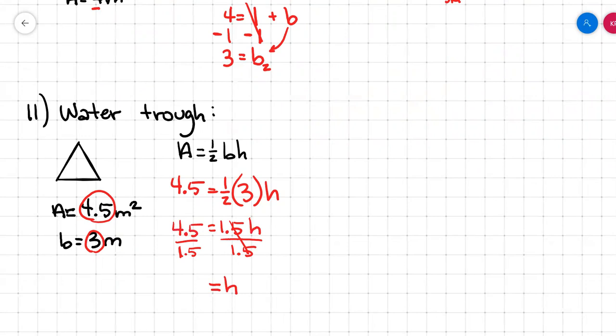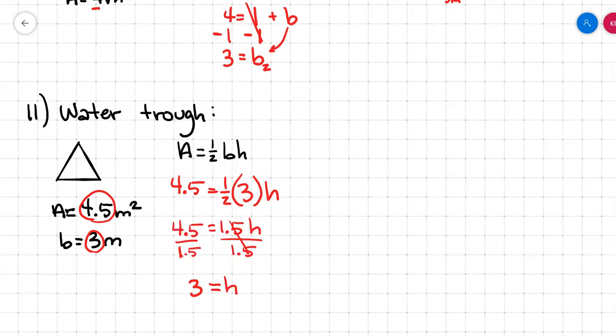And 4.5 divided by 1.5 is how many? It is 3. Beautiful. So the height of that one is 3.